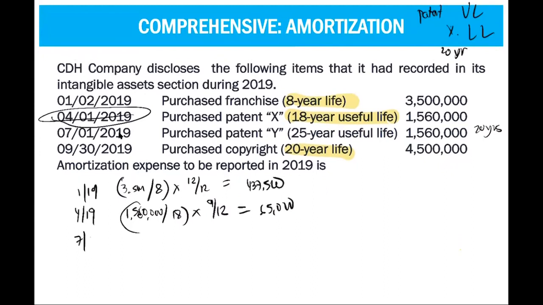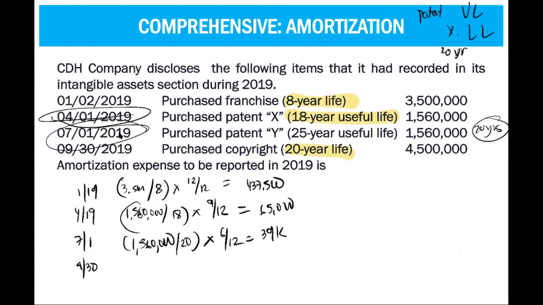Next, July 1. July 1, we have 1,560,000 still. But the useful life now is 20 years. You multiply it by the period, July 1 until December 31, we have 6 over 12. So 1.56 million divided by 20 years divided by 2 will give us 39,000.